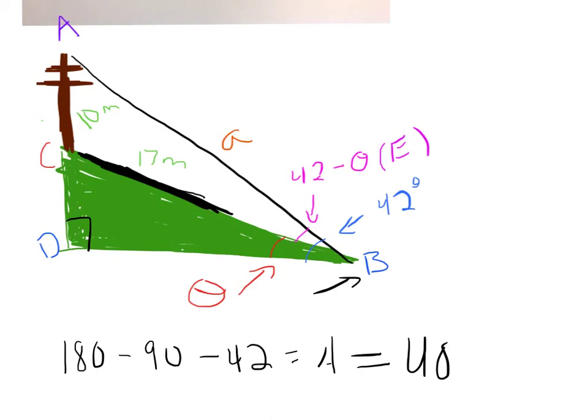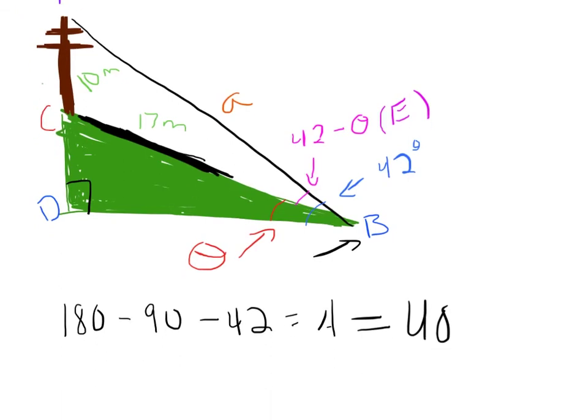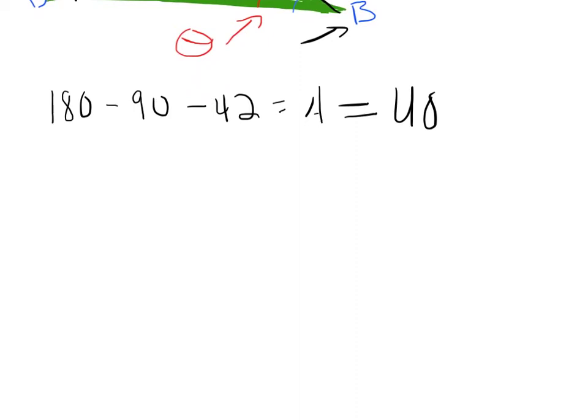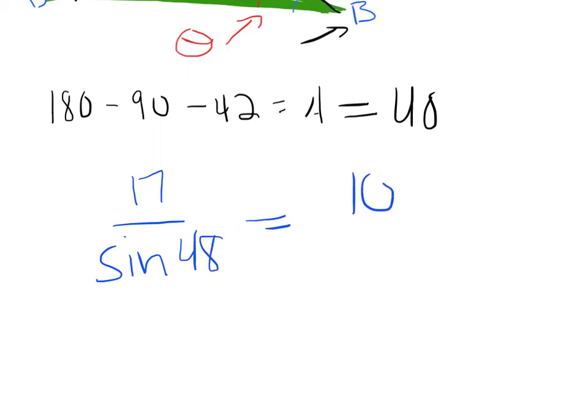From there, I used the law of sines, and I know that 17 over the sine of 48 equals 10 over the sine of 42 minus theta.